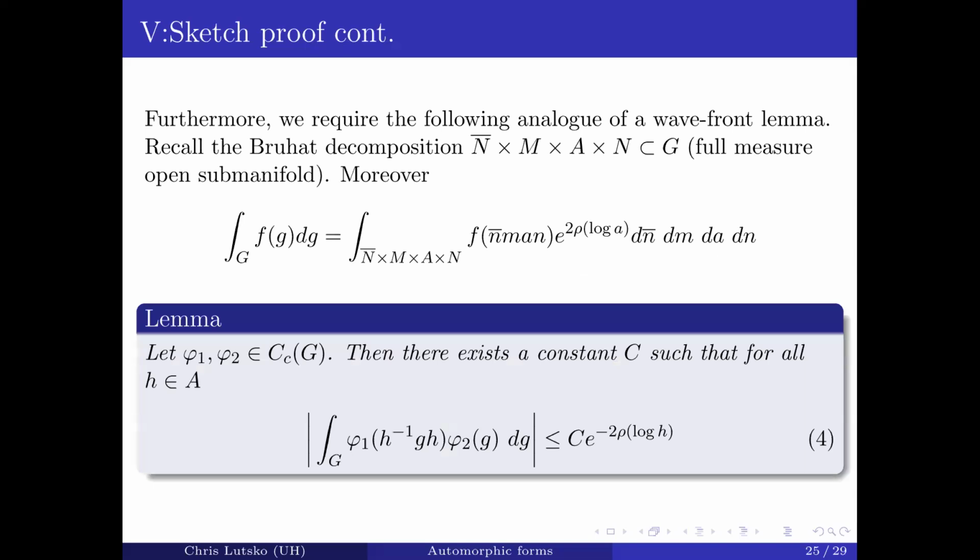We also need this analog of the wavefront lemma, which looks at this correlation between phi 1 and phi 2. The point is, if h is some really big parameter in A, you move out by h, and then you apply g, which near the origin, near the supports of phi 1 and phi 2, might not be a big perturbation, but out here it is a big perturbation.